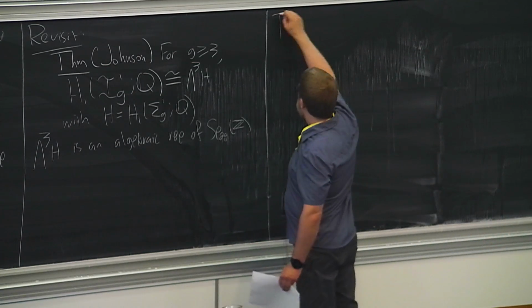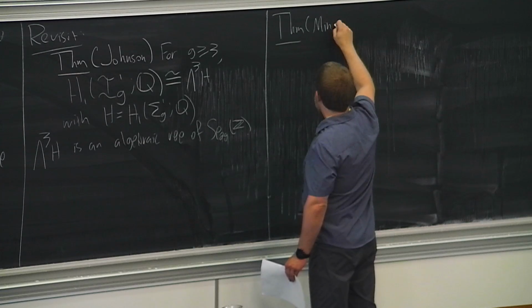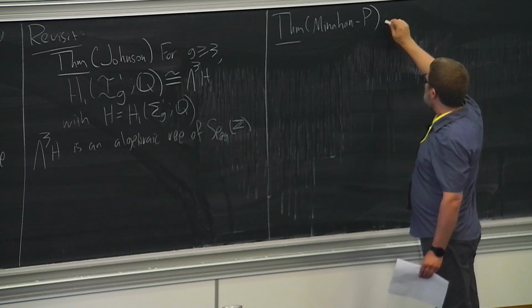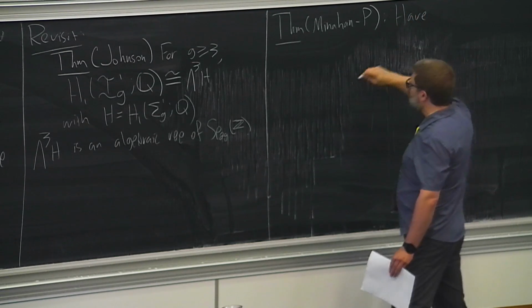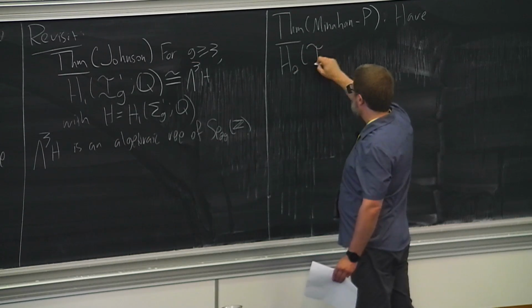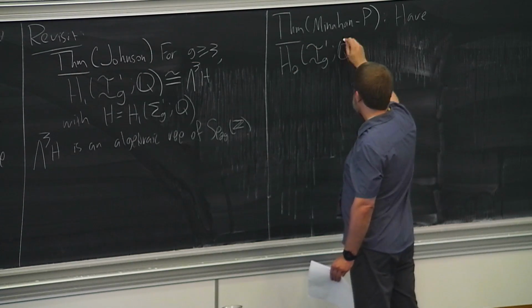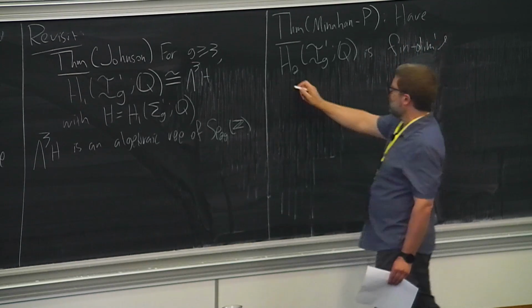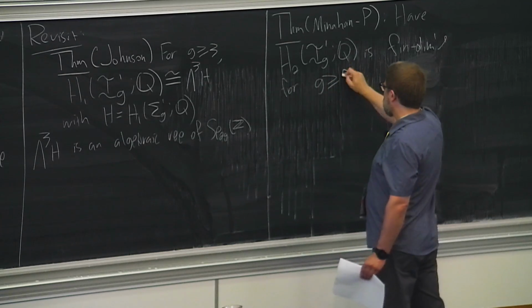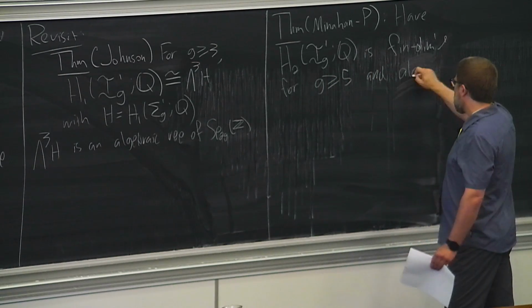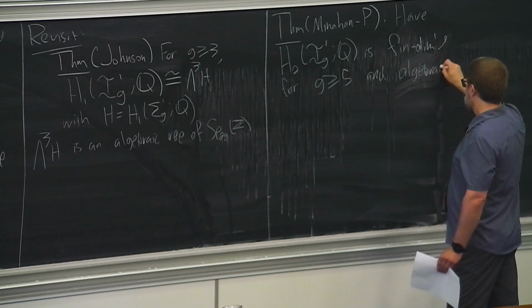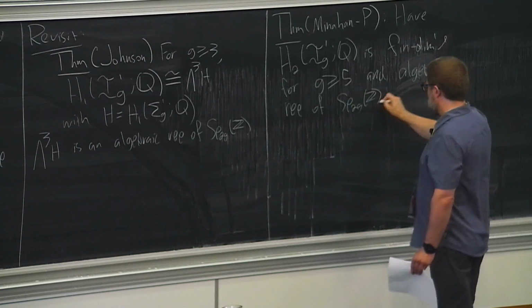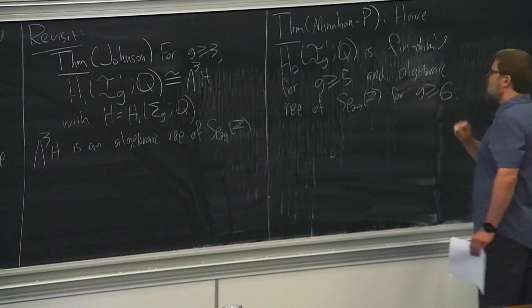This is a theorem of Minahan and myself, which says that H2 of Torelli G1 with Q coefficients is finite dimensional for g at least 5 and an algebraic representation of Sp_2g(Z) for g at least 6.